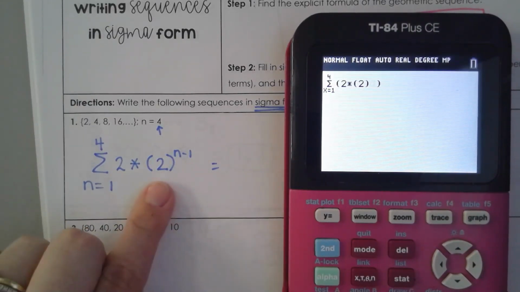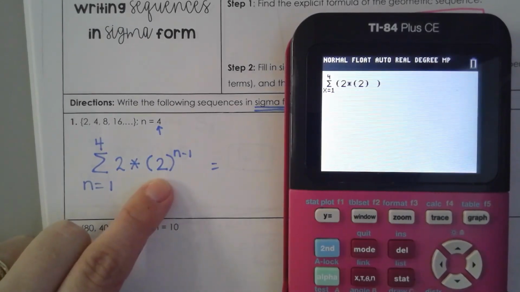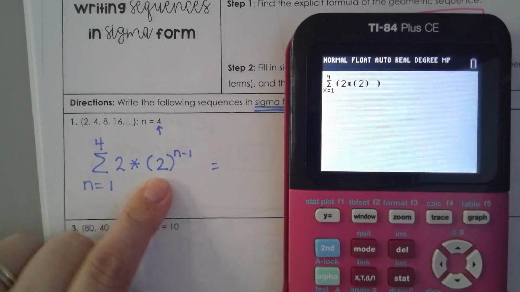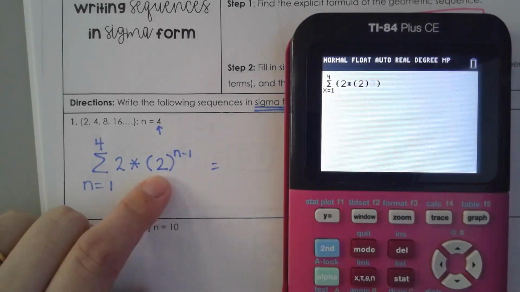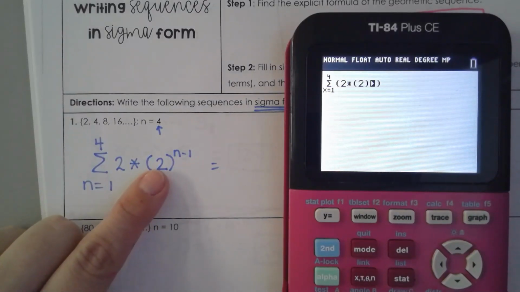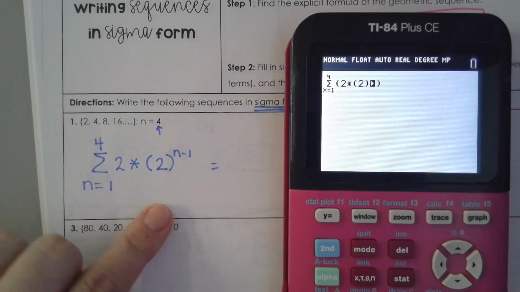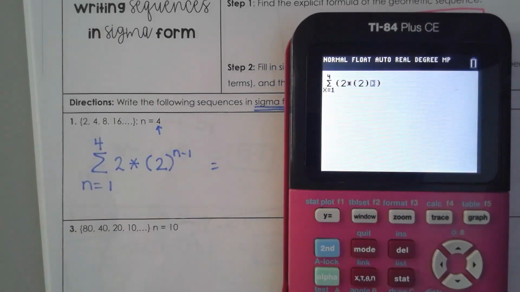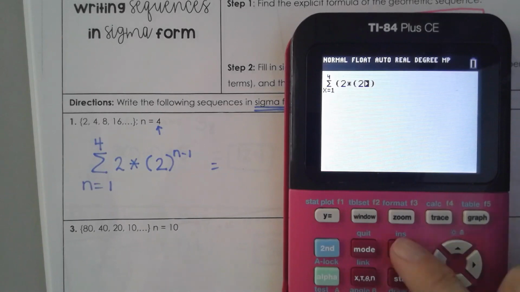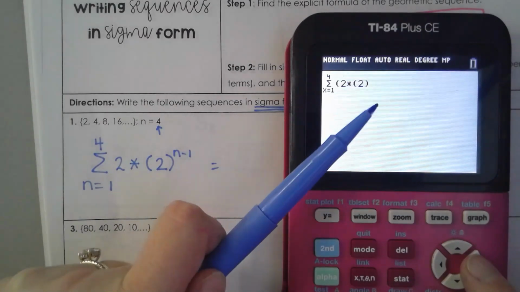If your ratio is a positive number, it actually doesn't matter. If your ratio is a negative number, then you will get the wrong answer if you don't put in parentheses. So I just try to do it all the time so that you all get in the habit of doing it. And then it's not usually an issue. The big thing that I see is some people see this parenthesis that was already on the outside and then they arrow over.